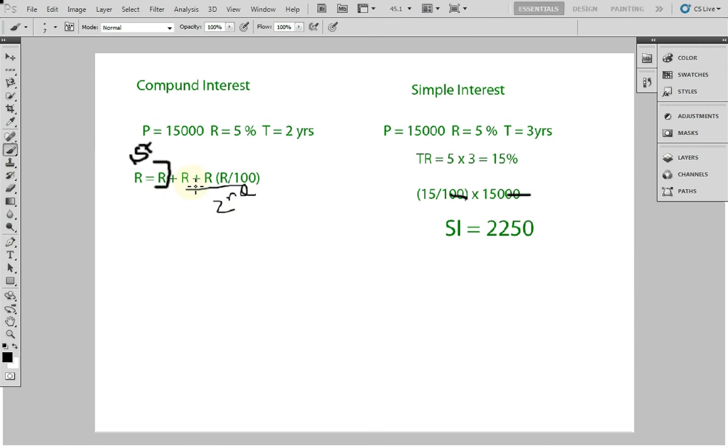How did you get this? Actually for the rate of interest, this R is for the first year. It is R plus we are adding 5% plus R into R by 100, that is 5 into 5 by 100. Okay, this is for the second year.